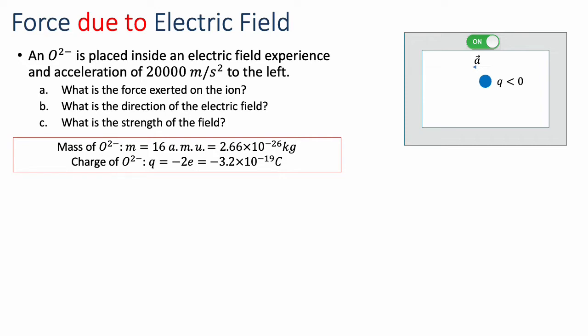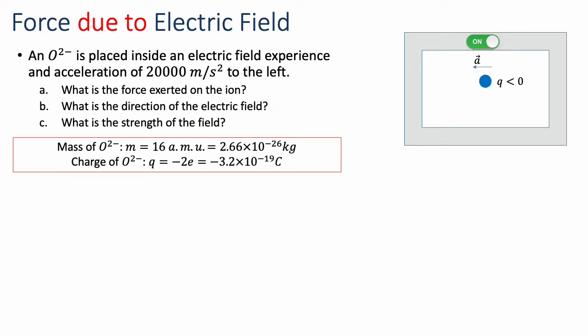It turns out to be 20,000 meters per second squared to the left. So this particle is accelerating to the left with an acceleration of 20,000 meters per second squared. Part A: what is the force exerted on the ion? Part B: what is the direction of the electric field? What is the strength of the electric field?